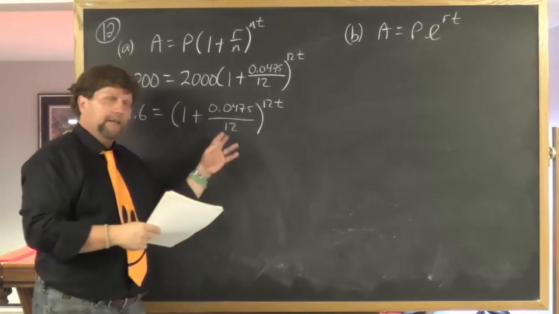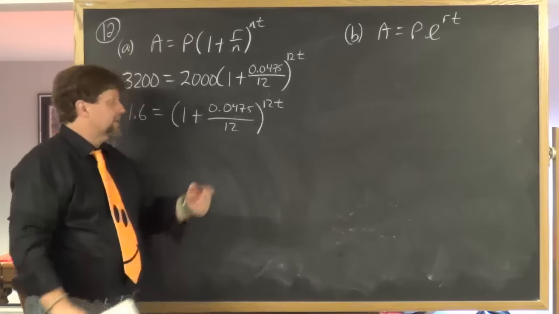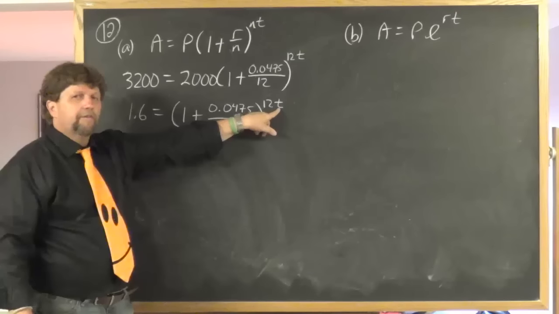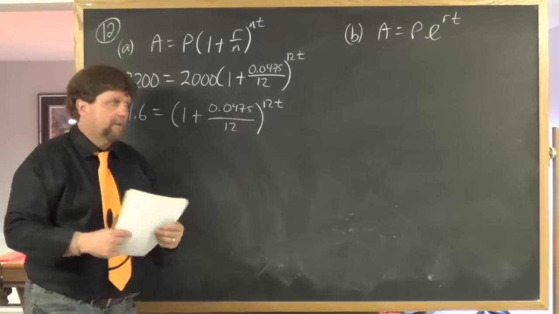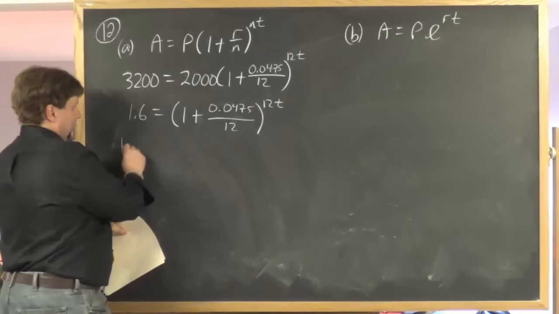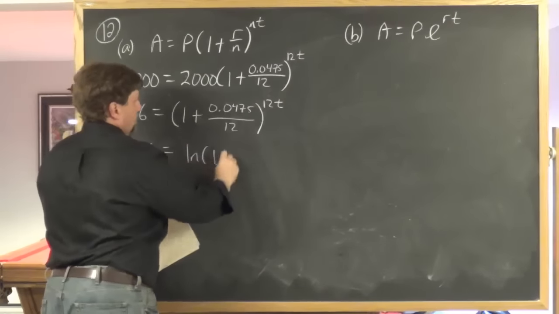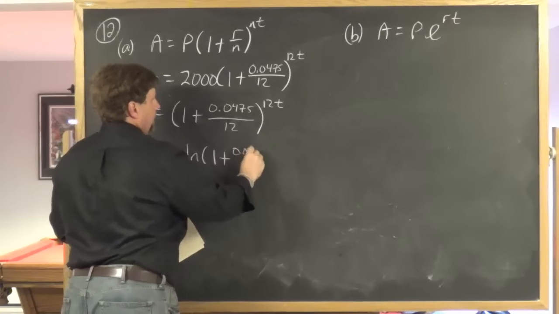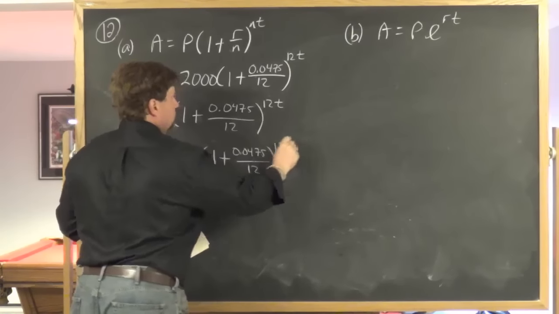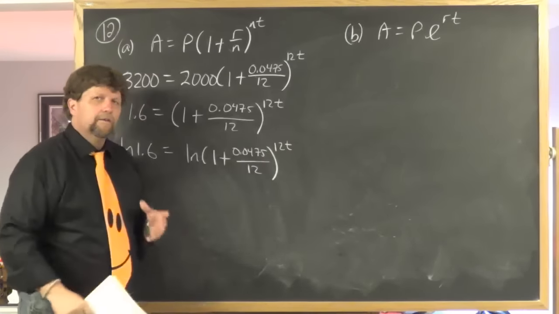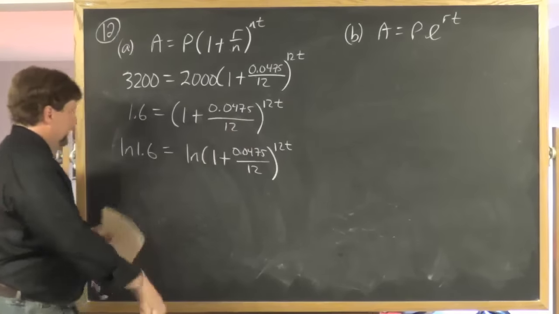Now I'm going to take the natural log of both sides. I'm trying to solve for the variable that's in the exponent position, so natural log, or log, is my friend. If I take the natural log of both sides, that will allow me to use a property of logarithms and take that exponent and move it out front.